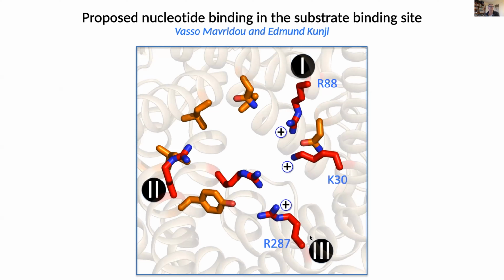And you see that two out of three positive charge residues in the central binding site are these contact points, indicating their importance, with K30 in between. So this is the arrangement in the central binding site.